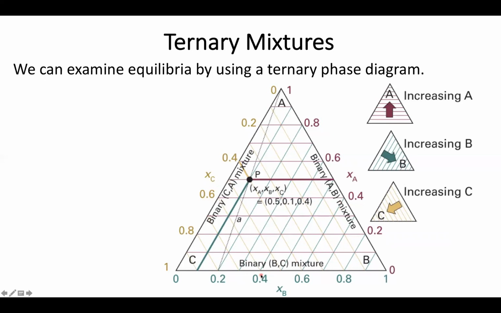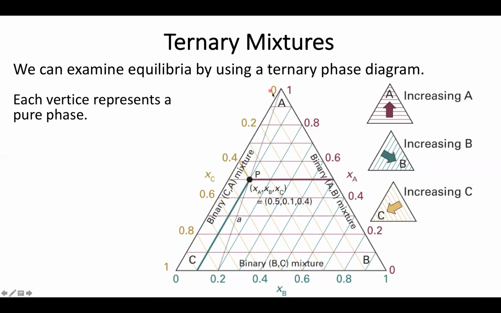Because I know A, B, and C, when added together, should all equal 1, which makes trying to use a classic right angle diagram a little bit messy. And so instead, what we're going to use is a triangular diagram. And each of these vertices is going to represent a pure phase.